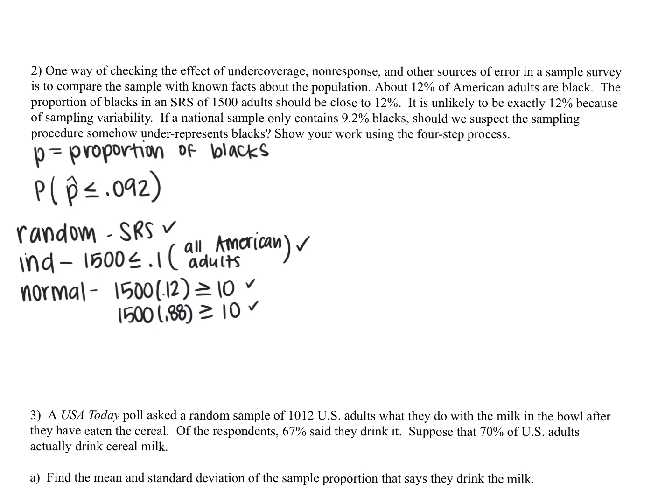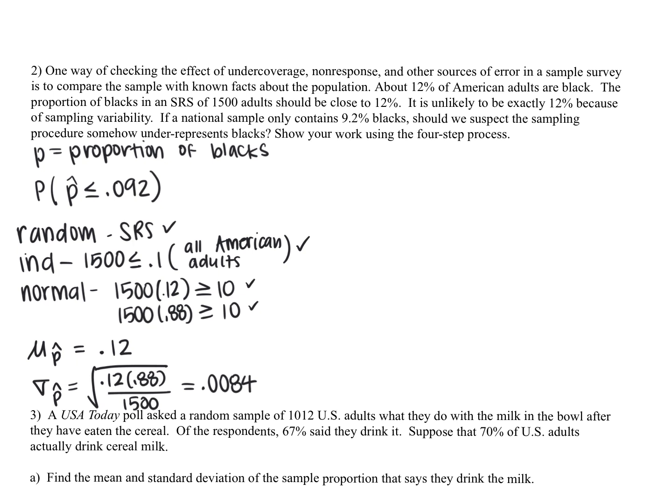So now that all my conditions have been met, I can identify my mean and my standard deviation. So the mean is going to be equal to my population mean, 0.12. My standard deviation, I'm going to do 0.12 times 0.88 over 1,500. We're going to get 0.0084.